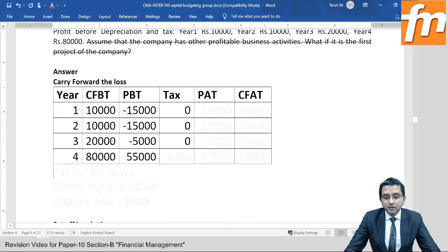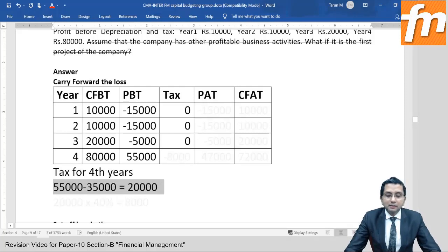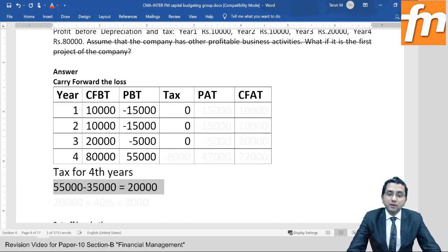So, how do I calculate tax for the fourth year? I made a profit of 55,000, but I have carried forward losses of 35,000. I'll first deduct it, and 20,000 is my taxable profit.